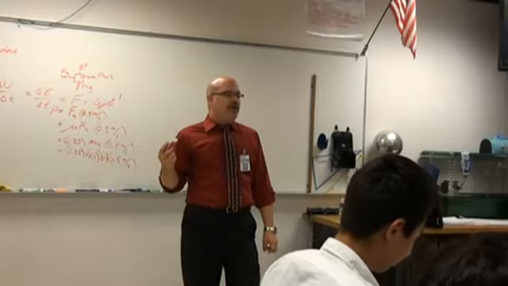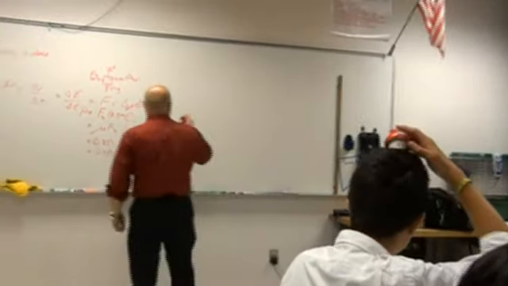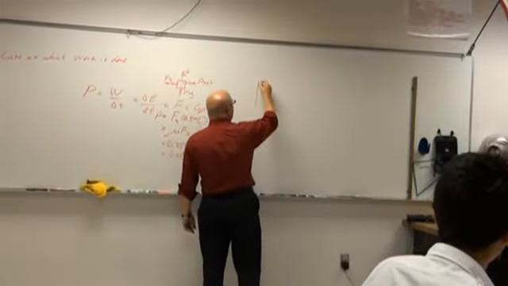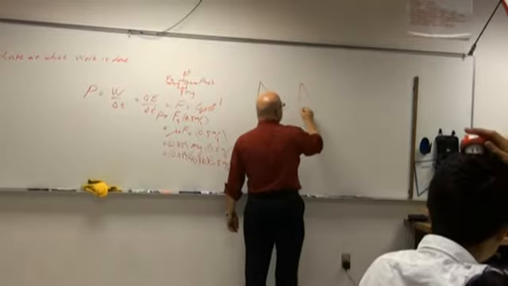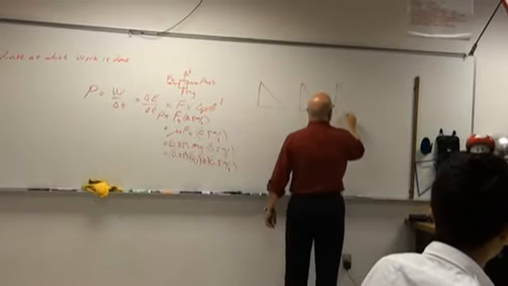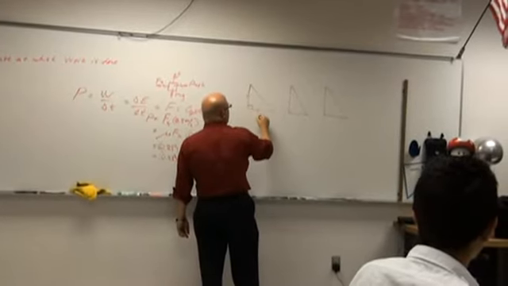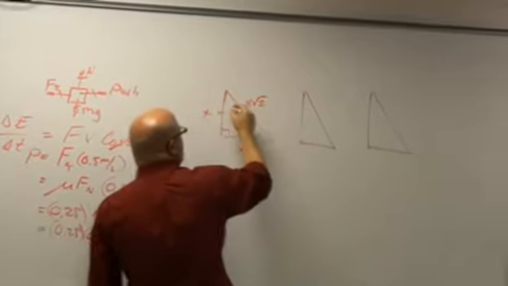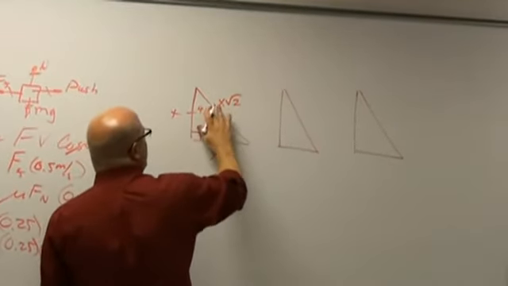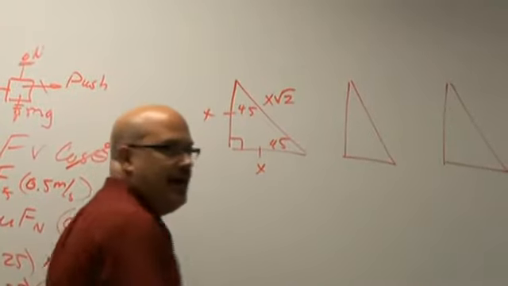All right, a couple other things while we're on this topic before we get into simple harmonic motion. I believe I told you this already, but there are only 3 triangles on the test. They are the 45, 45, 90 triangle, with sides x, x, and x square root of 2.